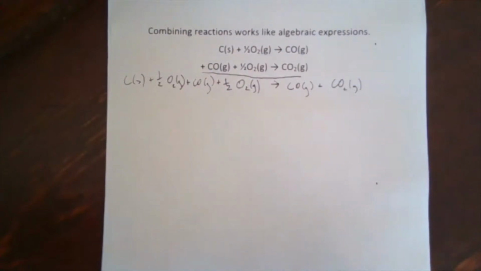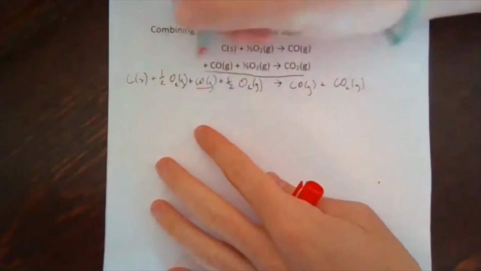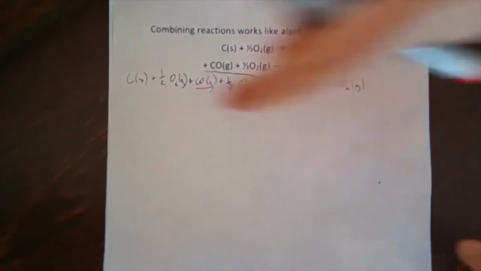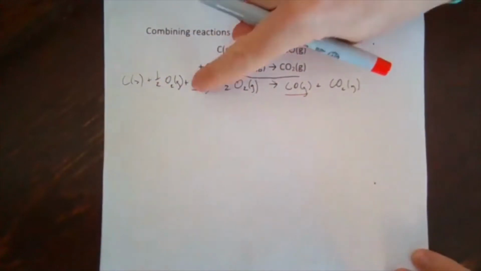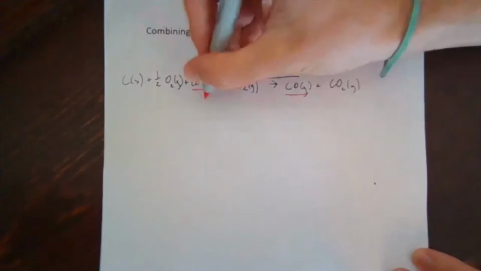And now we want to go through the process, similar to algebra, of simplifying it. The first thing we want to find is what shows up on both sides. Because remember, when we first talked about balancing reactions, we said that we didn't want to have anything that appears on both sides of the equation. So I have carbon plus oxygen plus carbon monoxide plus oxygen gives me carbon monoxide plus carbon dioxide.